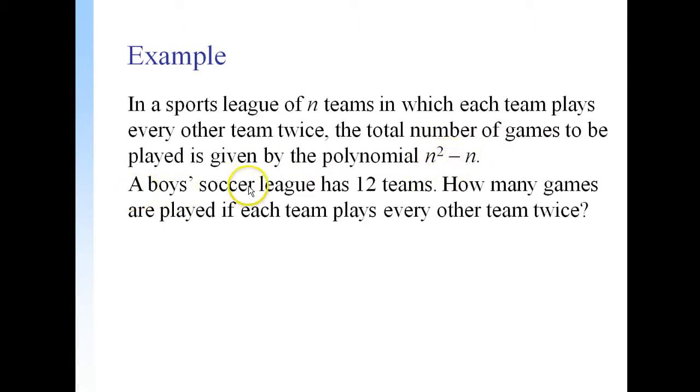A boys' soccer league has 12 teams. How many games are played if each team plays every other team twice? Well, this is the formula here. So basically what we're going to do is, where there's an n, we're going to put a 12.